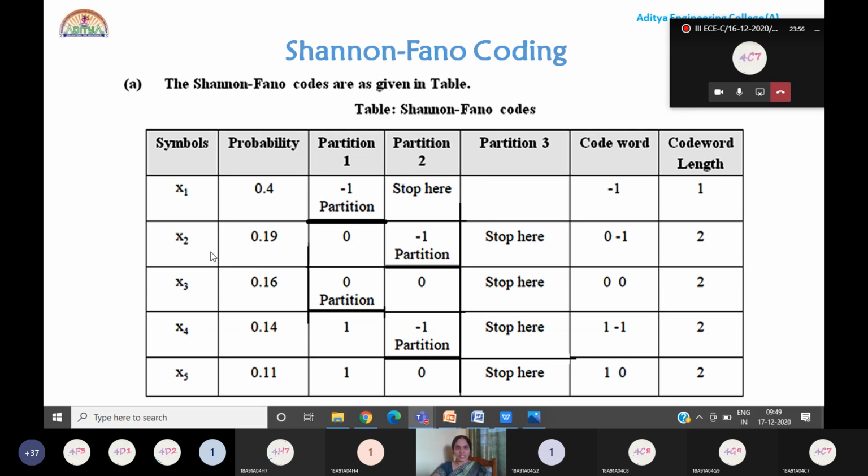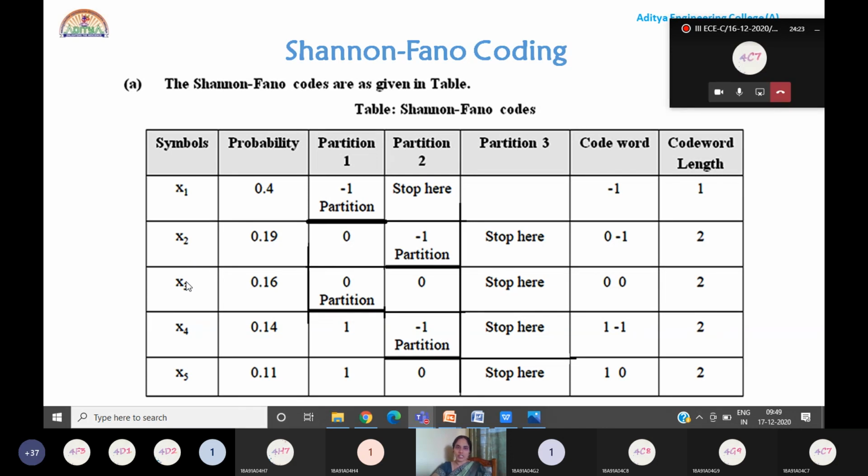Next, if you observe the second subset, please listen carefully here. It consists of two elements only, but we have to partition it into three. So it's not possible. That's why we'll partition into two subsets and assign -1, 0 to the respective subsets. There is no chance to assign 1 to a third subset because only two elements are present.